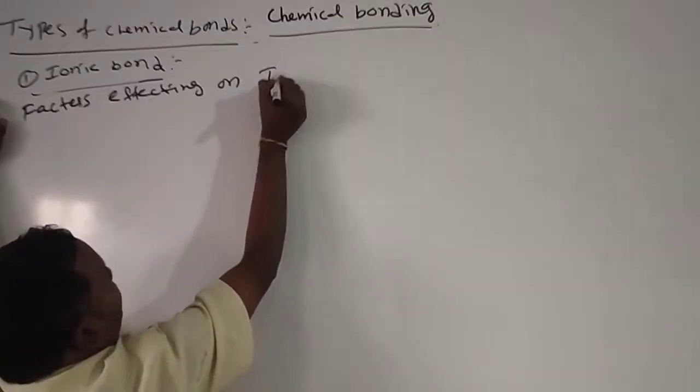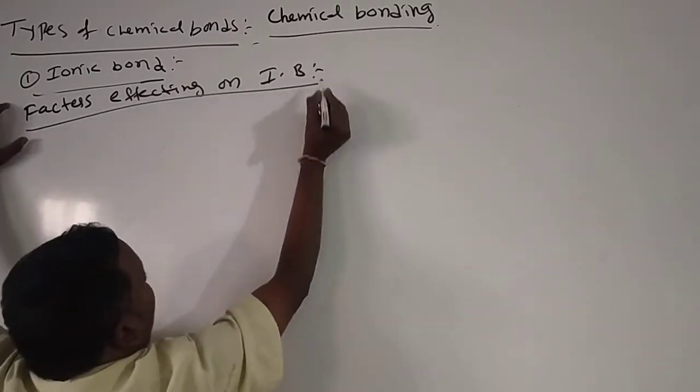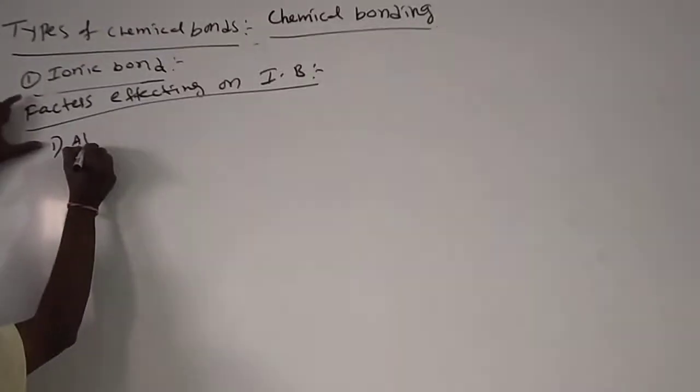Okay, factors affecting the ionic bond: the atomic size of the cation, the atomic size of the anion, and ionization potential.